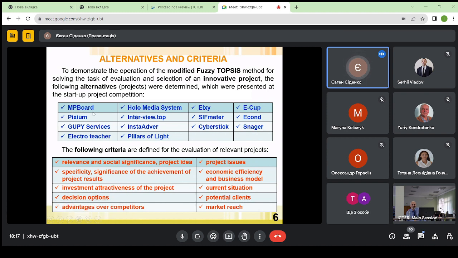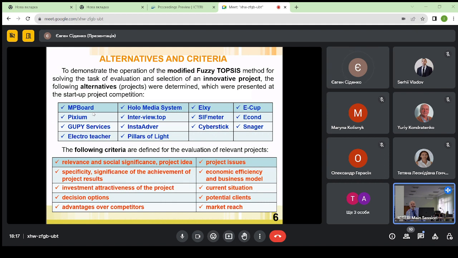The alternatives were startups. For example, MP board, it was a specific board for painting. No, just please stop. I don't care about the startups and what they proposed. I'm asking about the nature of data you used in your work.